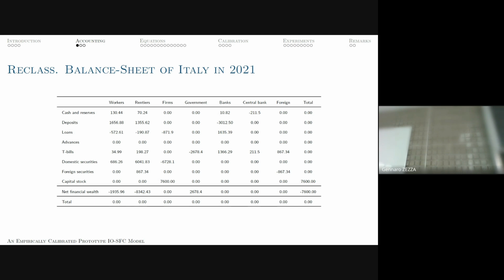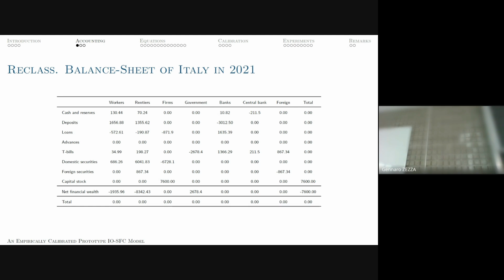The code produces the standard tables for an SFC model. For instance, the simplified balance sheet of Italy, automatically produced by the code, which produces these tables for each scenario, each period, etc. It's also a good way to double check the entries and see if everything is right.